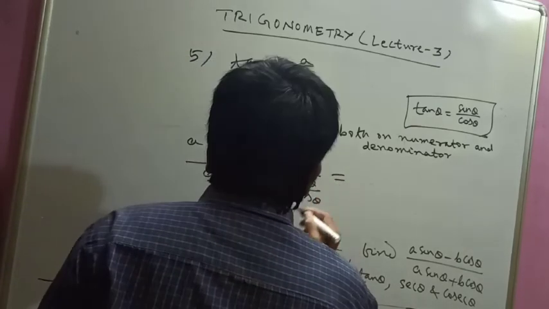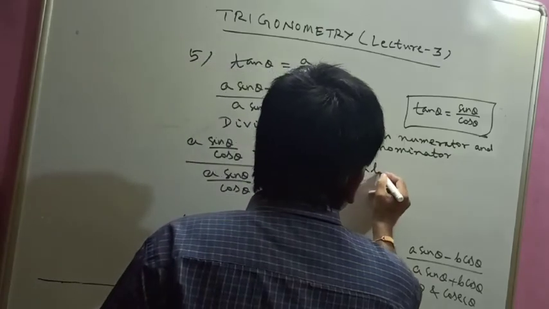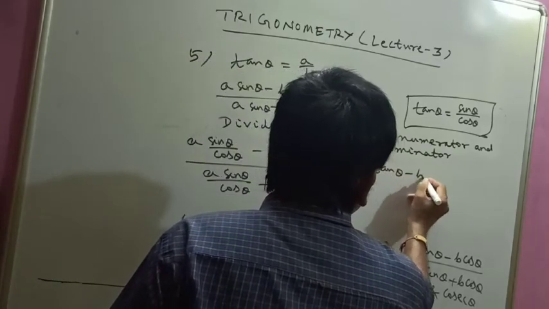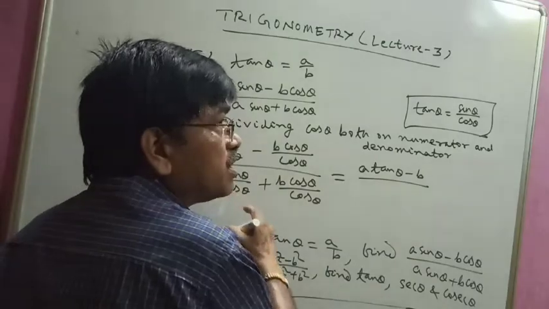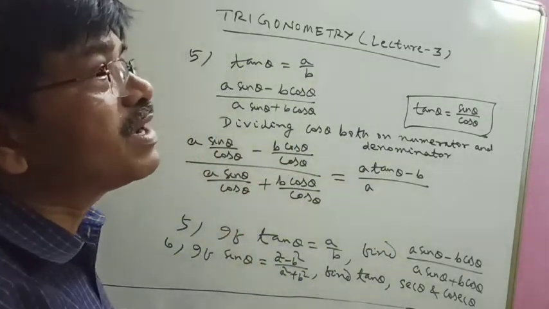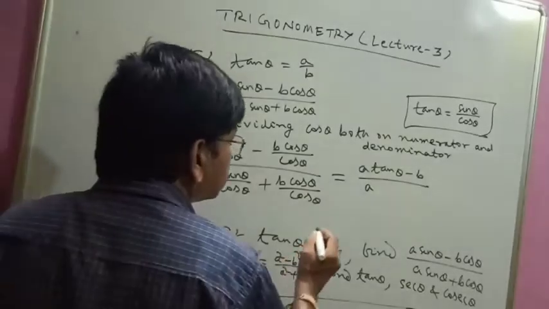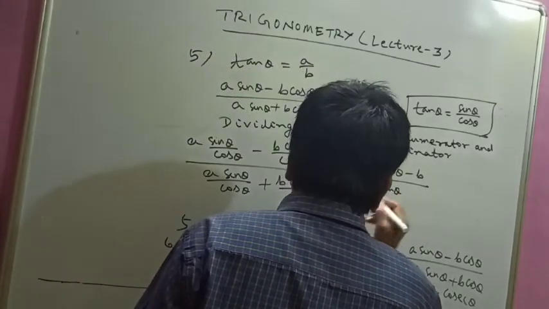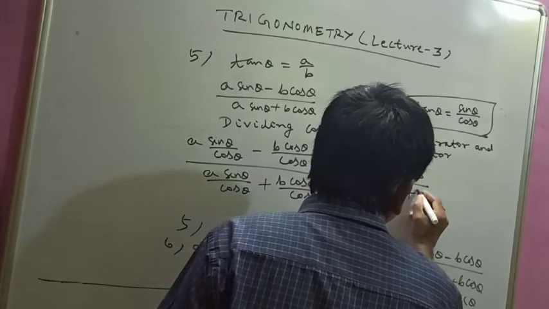Now sin by cos is tan, so a tan theta minus b, and the denominator becomes a tan theta plus b, where b cos theta gets cancelled.